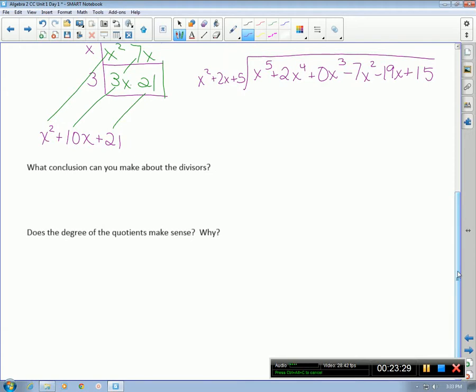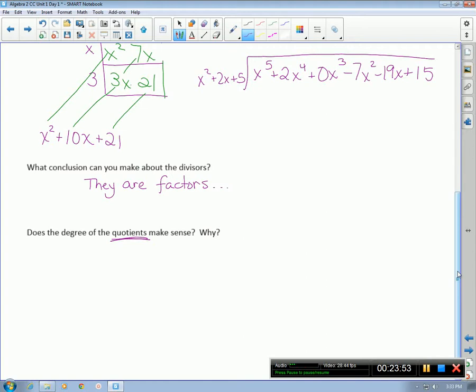And this says, what conclusion can you make about the divisors? So our divisors are also factors. They are factors because there are no remainders. And do the degrees of the quotients above make sense?